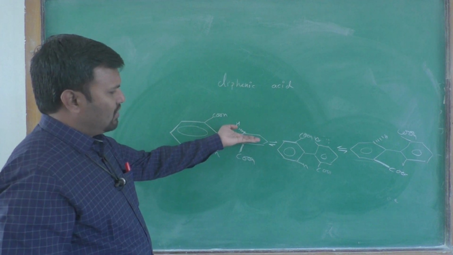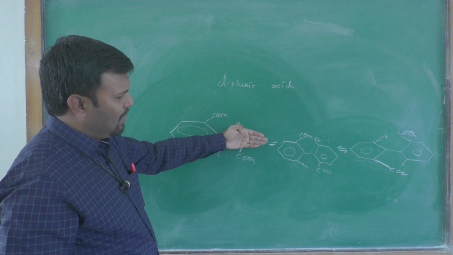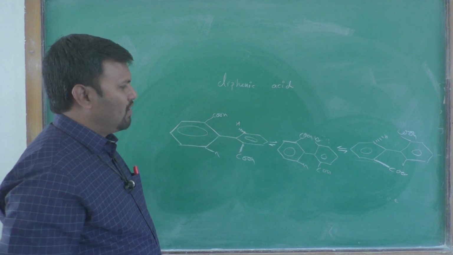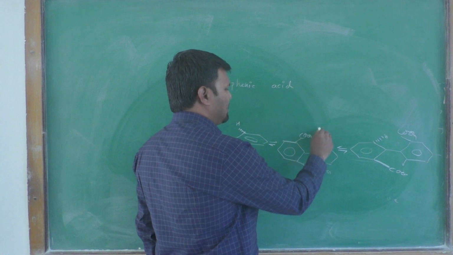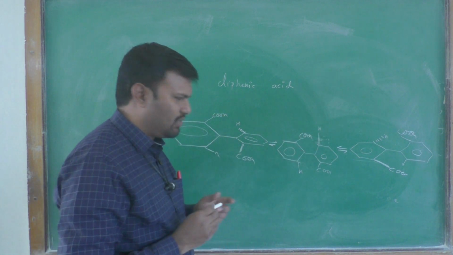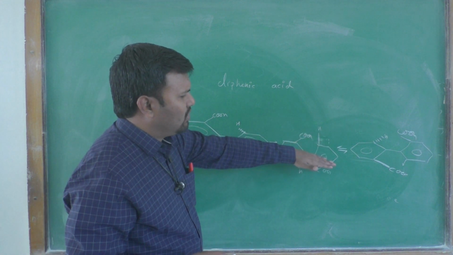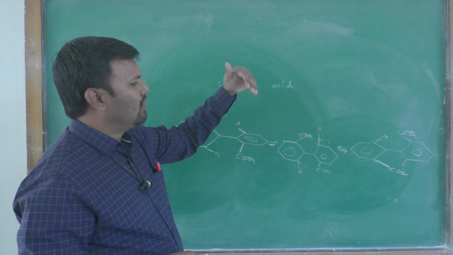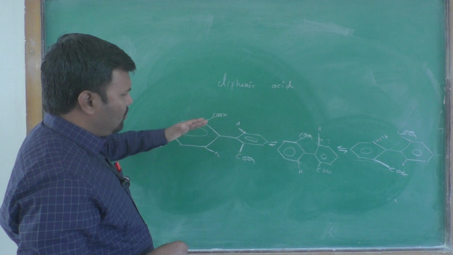This ring somehow becomes planar with respect to the other. During this, there is some bending of the ortho position groups, and then it again gets converted by a flip of this in the horizontal, and we get the other isomer.